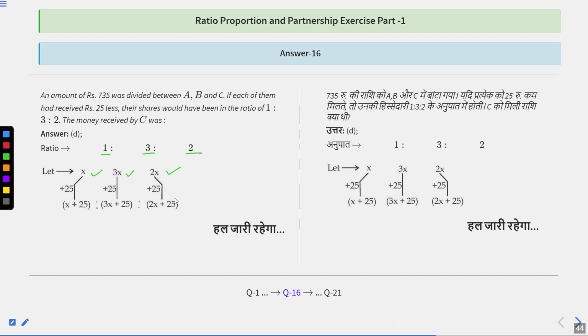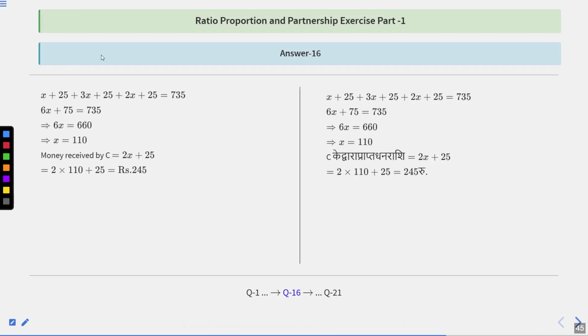Okay. Now in the next slide. It is given that the sum of all the shares is 735. So x + 25 + 3x + 25 + 2x + 25 = 735. When we solve it, we get 6x + 75 = 735. 6x = 660. x will be 110.